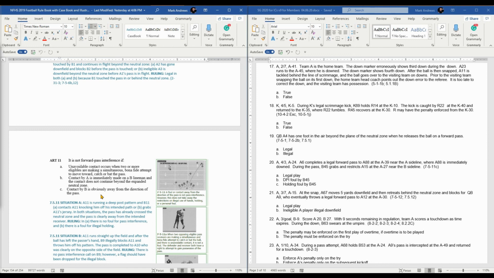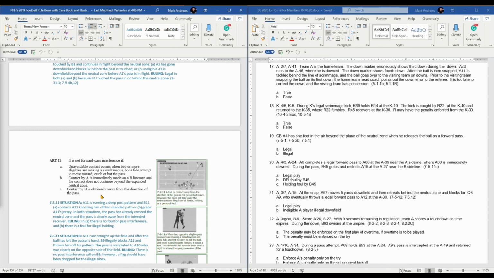If we see PI and it has no effect on the play, we are not going to call it. Now, we can call holding, but it better be big. It better be a major restriction. If it's just a little grab, and it's away from the play, let it go. But if it's a major restriction, this sounds like it is, we could call holding, right?